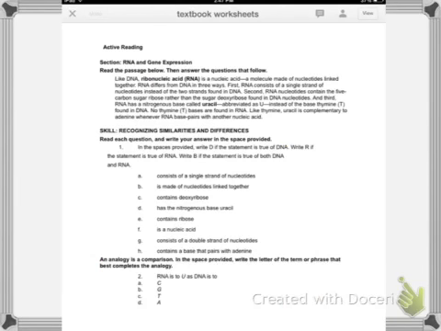Now this is supposed to be active reading, so you're supposed to read this passage below and then answer the questions below here. So like DNA, ribonucleic acid, RNA, is a nucleic acid, a molecule made of nucleotides linked together. RNA differs from DNA in 3 ways. I'm going to highlight that instead.